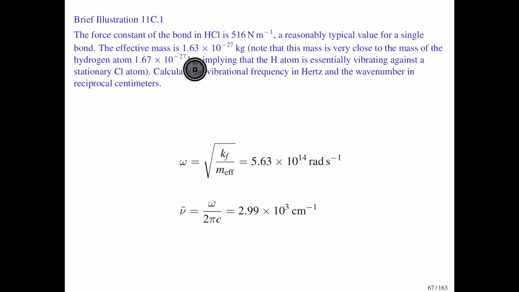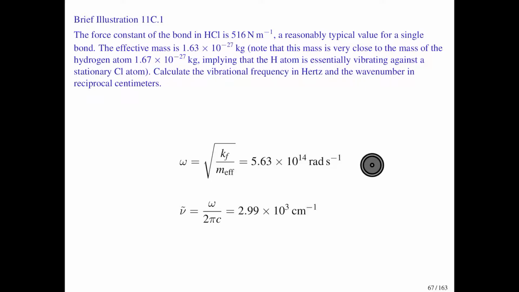Here the effective mass is calculated for us already, and they simply want us to calculate the vibrational frequency in units of hertz and reciprocal centimeters. So here I'm taking the force constant, dividing it by the effective mass, and taking the square root. That gives you the angular frequency in units of hertz.